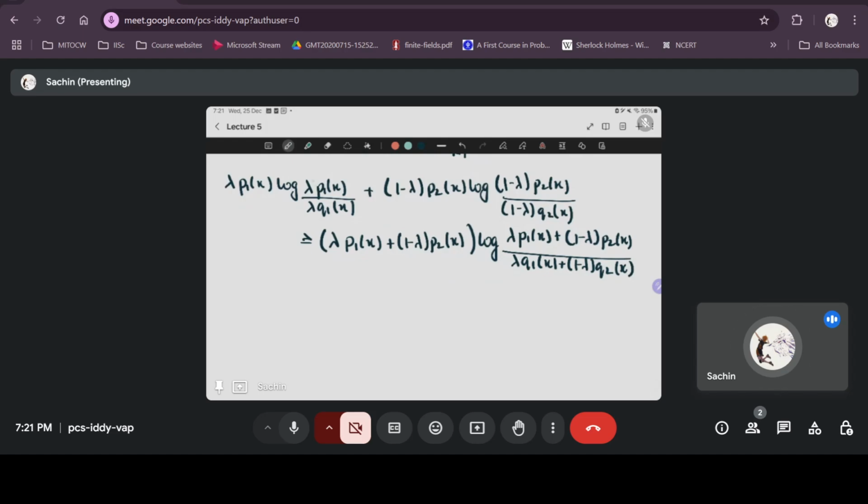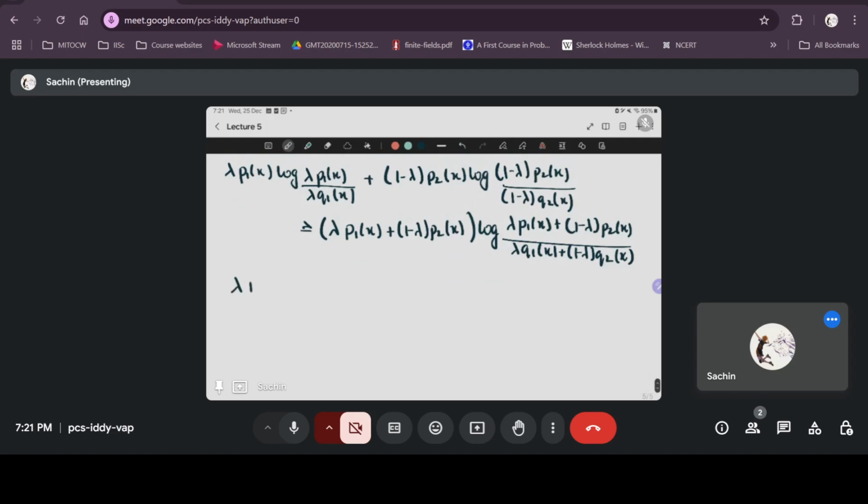Here you can cancel out these lambdas, and 1 minus lambda, and you will be left with lambda times d of P1 parallel Q1 plus 1 minus lambda times d of P2 parallel Q2 is greater than or equal to d of lambda P1.